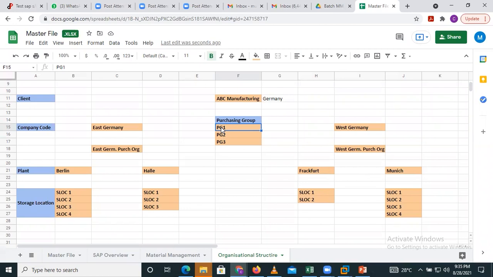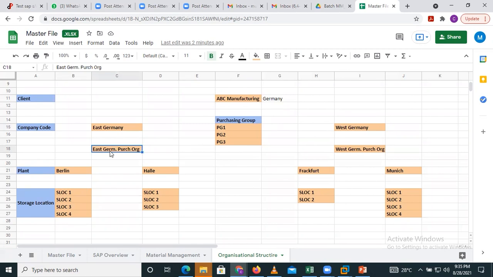But what happens? We are giving some restrictions, authority, for this purchasing group. From the roles or security point of view, we are giving access to that particular person: this person is responsible only for the plant Berlin, this person is responsible only for East Germany.